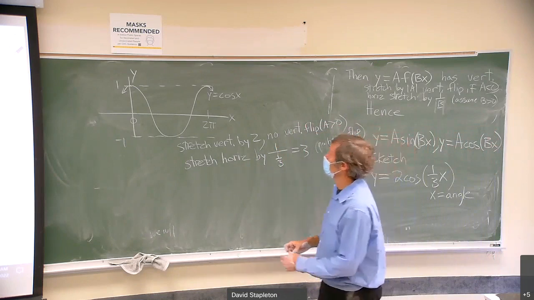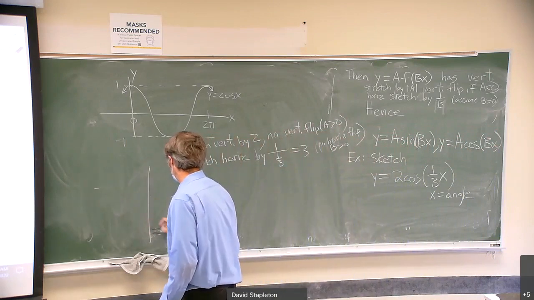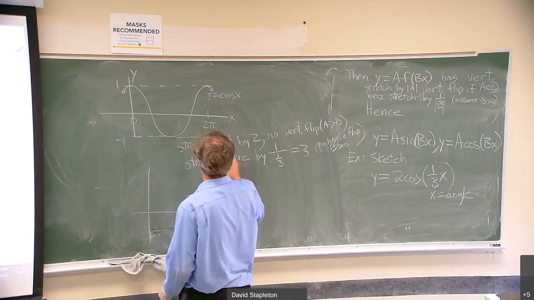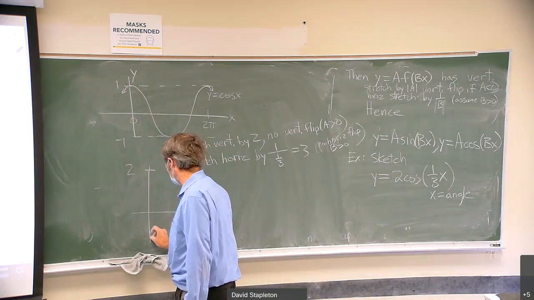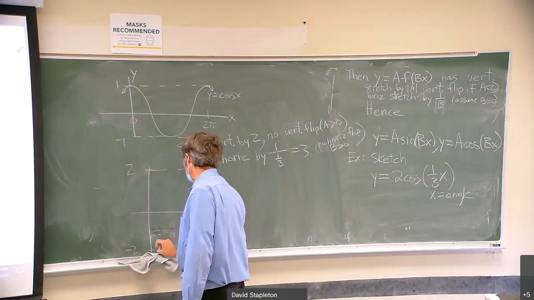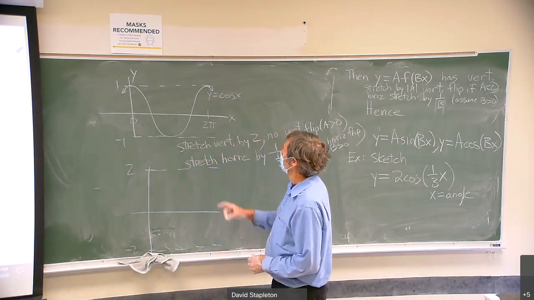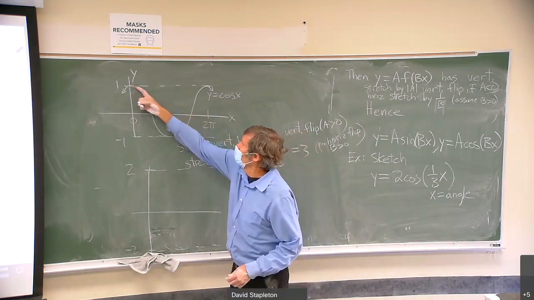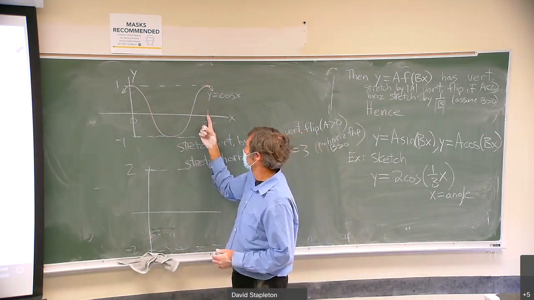So that's all I have to do to sketch this. How can I sketch the new graph? I make the graph go twice as tall, so the maximum is going to be 2 and the minimum is going to be -2, and the guidelines will be here and here. Now it used to go the whole cycle and get back up to the top in 2 pi units along the x-axis.